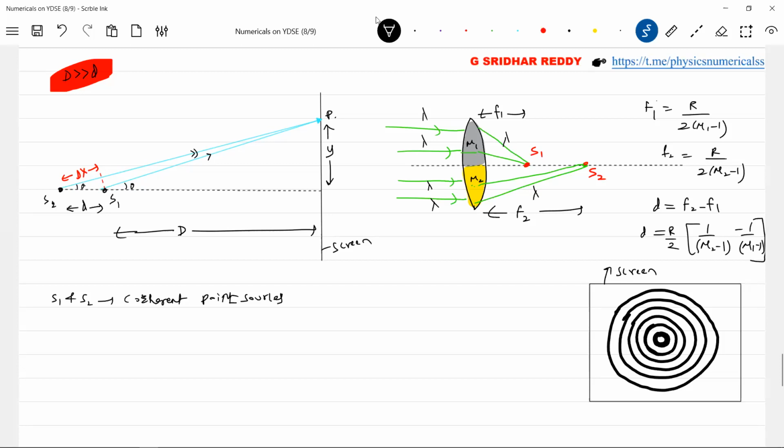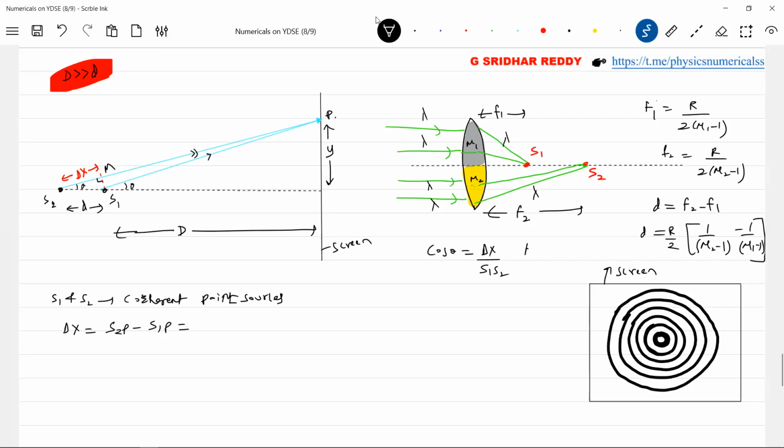So what is cos theta? Delta x, which is S2P minus S1P. Looking at the triangle S2MS1, cos theta should be equal to delta x by S1S2, with this angle being 90 degrees.